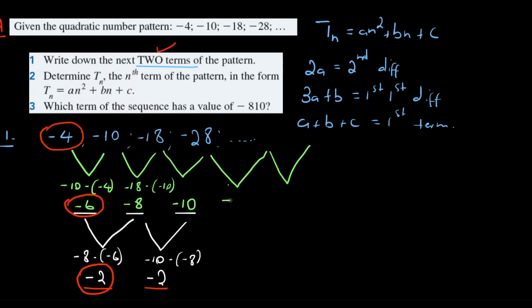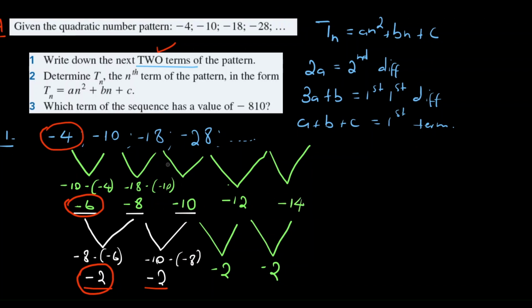So the following number here will automatically be -2, because we're adding -2 to that. -8 minus 2 is -10, and -10 minus 2 is -12, and you continue. -12 minus 2 is -14.